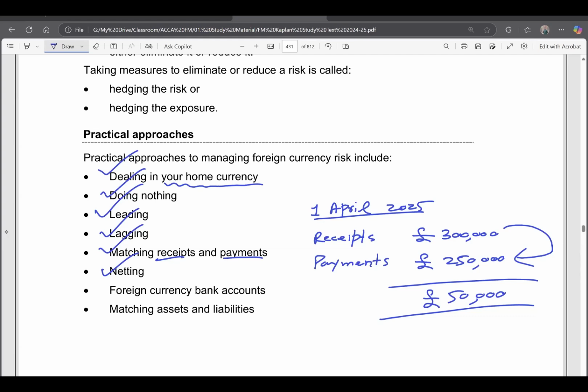Rather than going to the bank or going to the exchange, if you have a centralized netting house which coordinates with all the countries' activities, you have a branch in Singapore, in India, in Dubai, in Pakistan, you have branches everywhere, right?